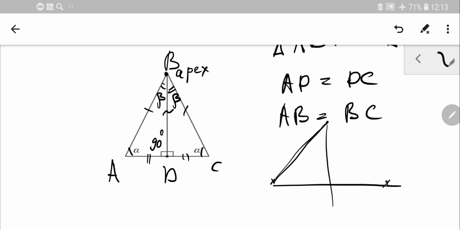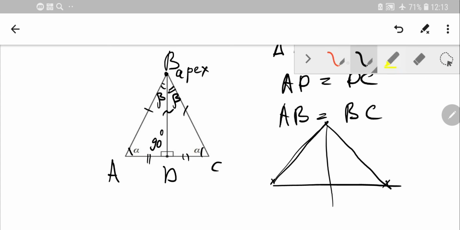We use two circles with the same radii, here and here. Those two radii are going to be the same. So in this case, this point becomes point B of the triangle, and this is the apex.